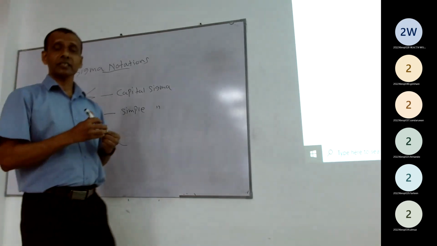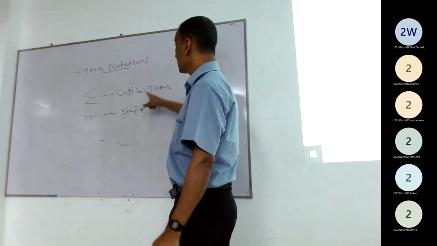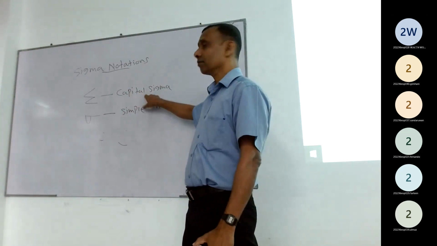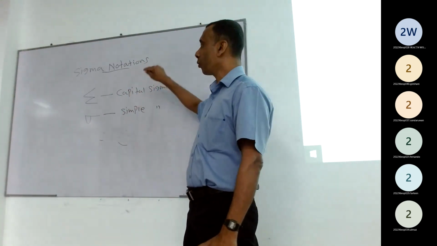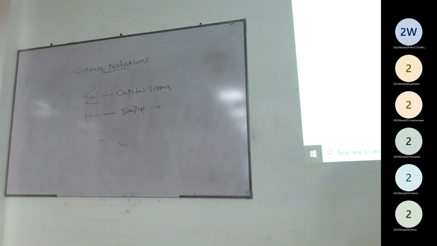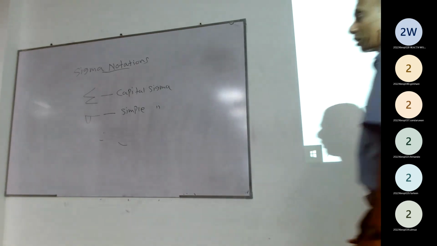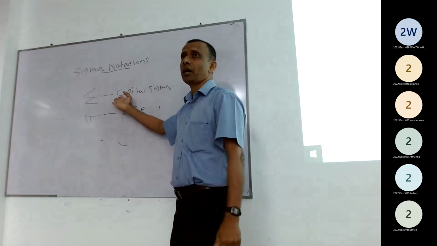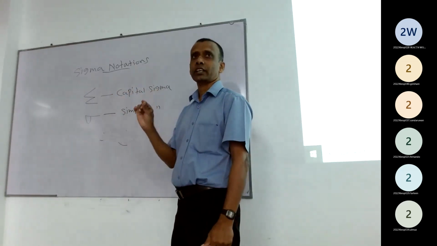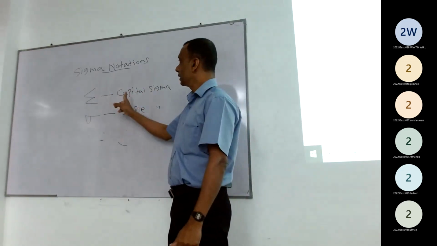Then, as sigma notation, we want to study this capital sigma. There are some rules. If you violate these rules, you can't do correct calculations. You make many mistakes because you do not know the sigma rules. That is the problem in statistics. Without understanding sigma notation, the capital sigma rules, you can't do calculations correctly.